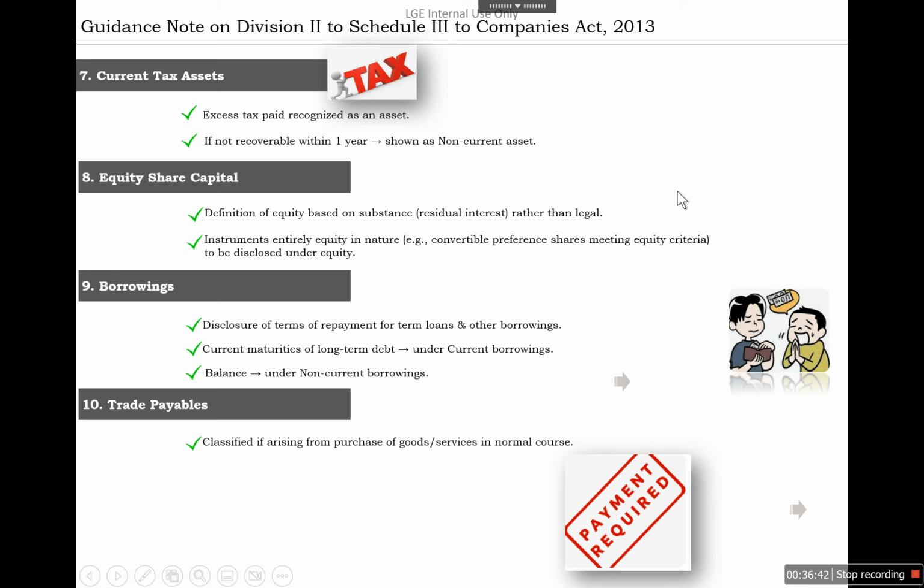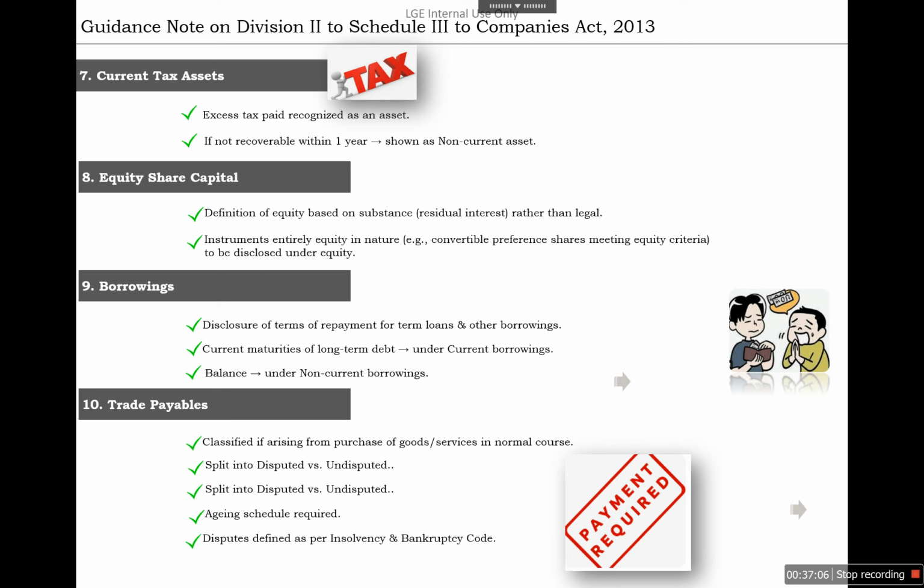Similarly, trade payables we will classify if they arise from the purchase of goods and services in the normal course, and we have to split them into disputed and undisputed categories. And aging should also be displayed, and dispute is defined as per the Insolvency and Bankruptcy Code.